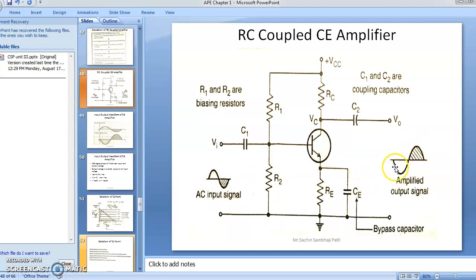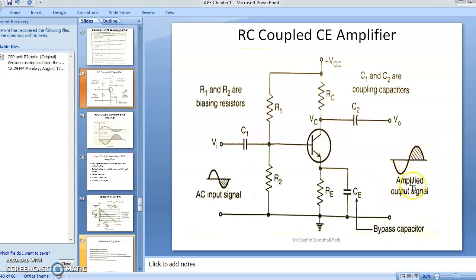This is the output voltage, and it is amplified, meaning the voltage level of the output signal is increased. It is amplifying the input signal, but we are getting the output voltage in inverted form, meaning there is a 180 degree phase shift in the output voltage.